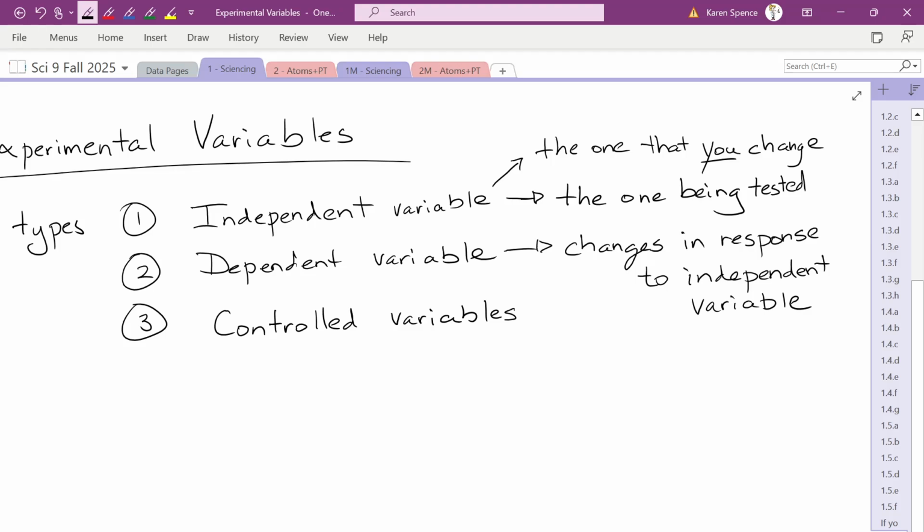So tell your neighbor what you think a controlled variable is. All right, anyone want to tell us what a controlled variable is? Yes?